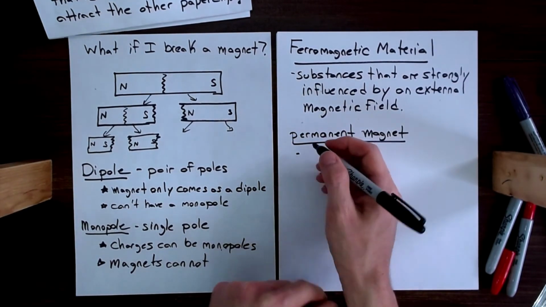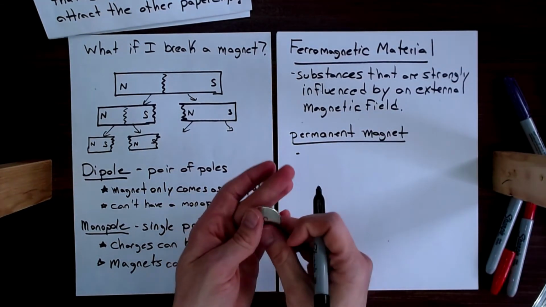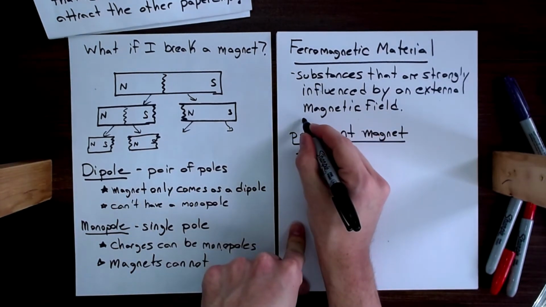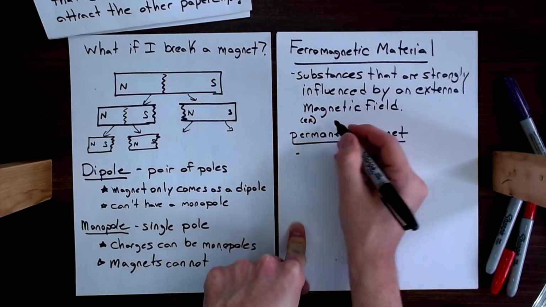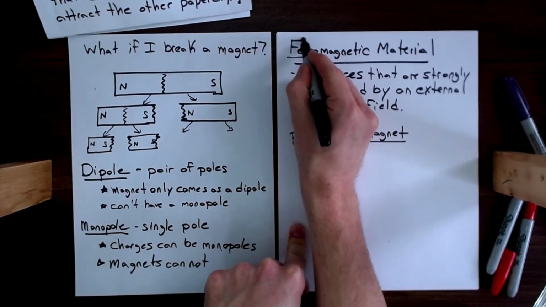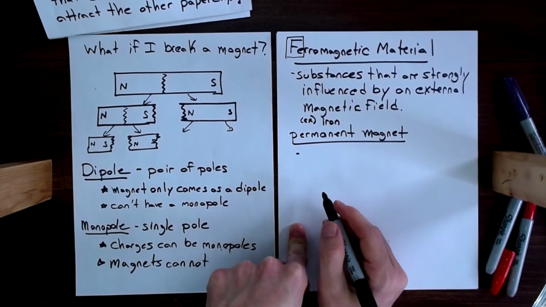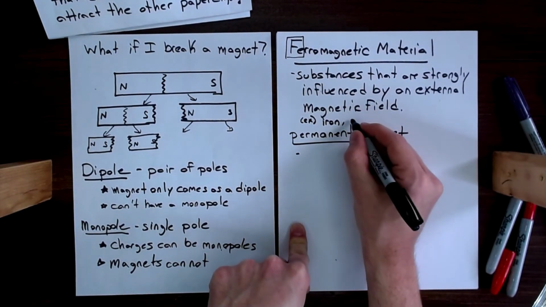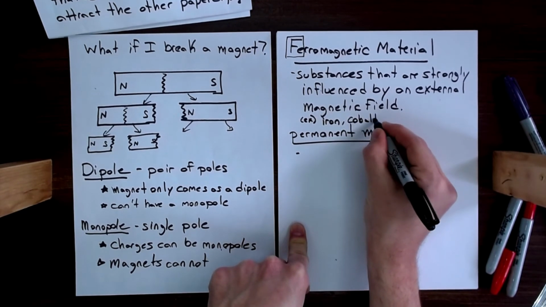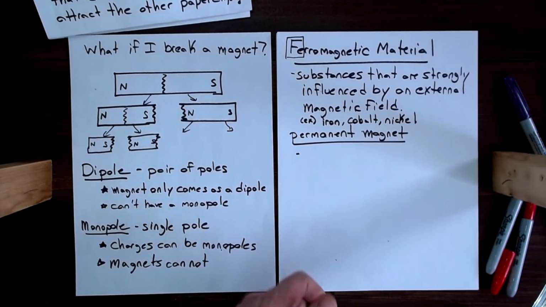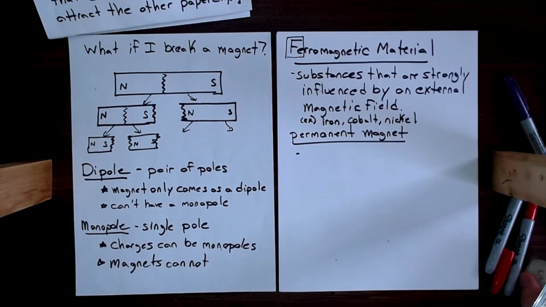Okay, and a permanent magnet is a material like this one here. This is a ferromagnetic material. I should add that the common examples of ferromagnetic material are iron, which you probably get from this right here, Fe, right? That's iron on the periodic table. We have cobalt, and we have nickel. Okay, common ferromagnetic materials. Those are the big three.